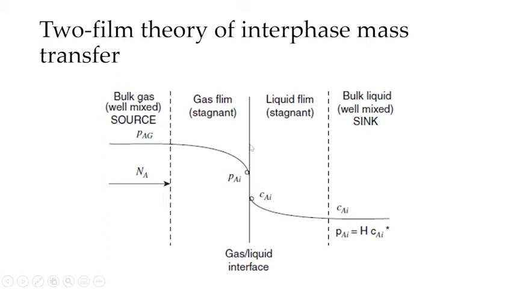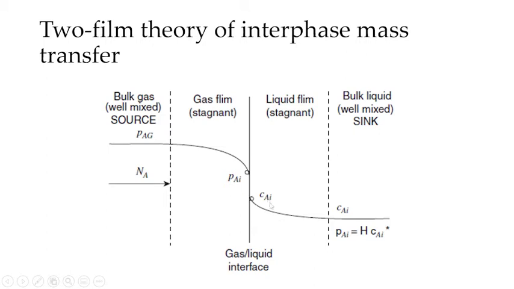Remember that the interface is the boundary between the gas and the liquid phases. Now, the interface mass transfer happens in this interface. Our driving force in this case is PAI, or the partial pressure of A in the interface, and the concentration of A in the interface. If you notice, we can relate PAI and CAI with the use of Henry's law. That's why we needed to discuss Henry's law, because that is the equation that we will be using in the interface.